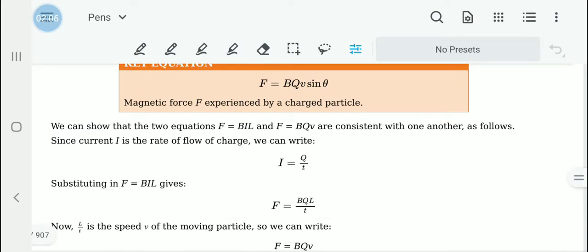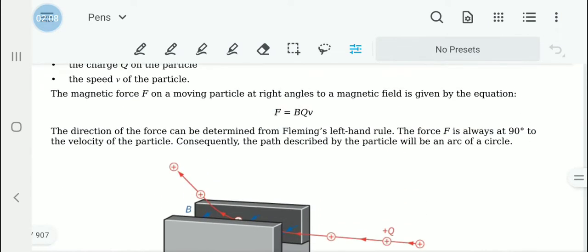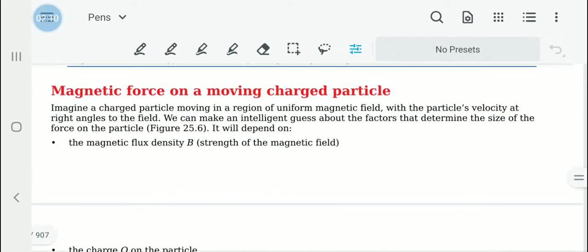I think it would be best if we write down a note. When a charged particle moves through a magnetic field at right angles to the magnetic field, the force that acts upon it would depend on the following factors.